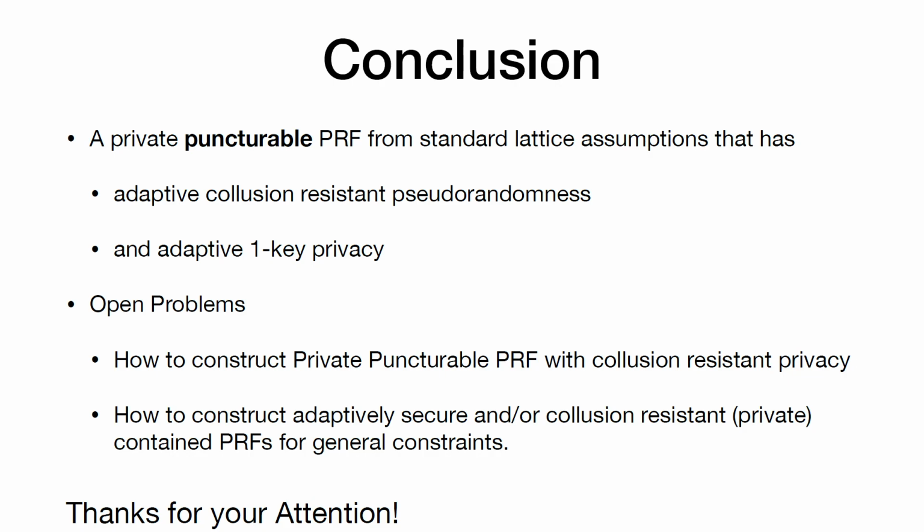Shweta? Hi, thanks for a very nice talk. So with regards to your second open problem, even 2-key private constrained PRF for general constraints implies IO.